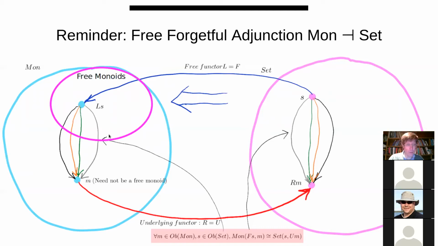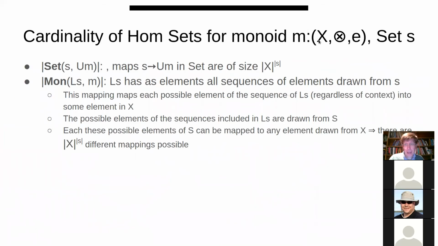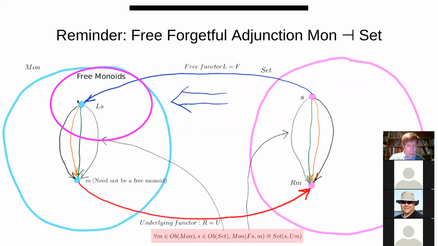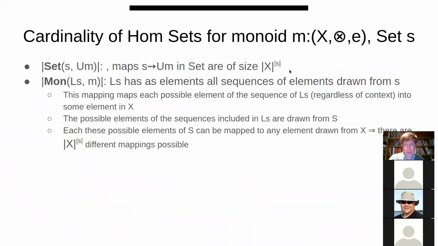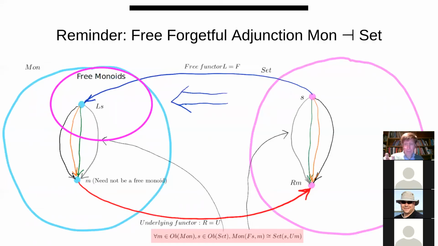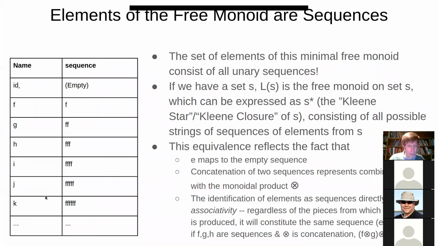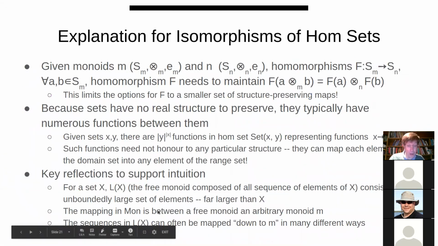If S is 0 and 1, we're mapping 0 to some element from M, from the set X in M. We're mapping 1 to some element from the same set X. You picked M, but it has some underlying set associated with it, X. And each of these elements of S is being mapped to a particular value from that X. That's really what's going on in the homomorphism.